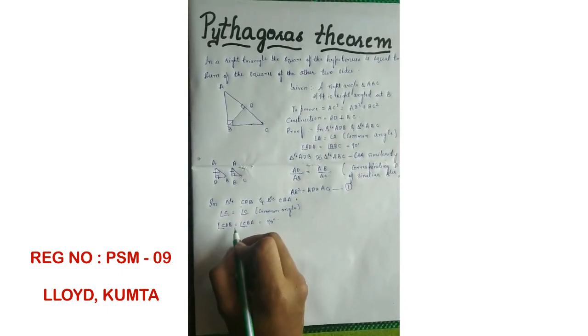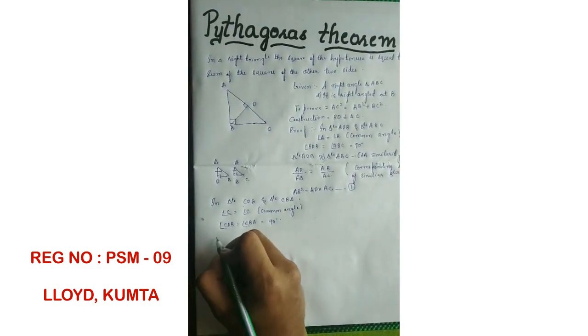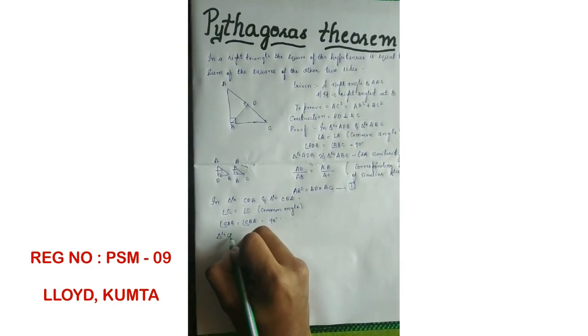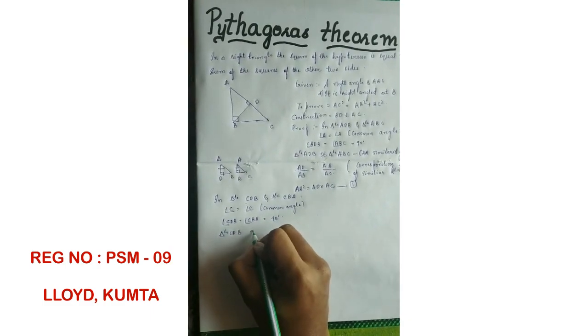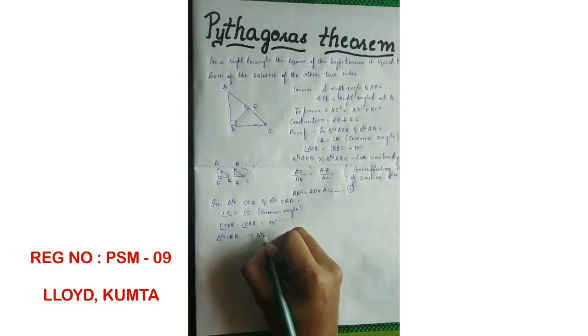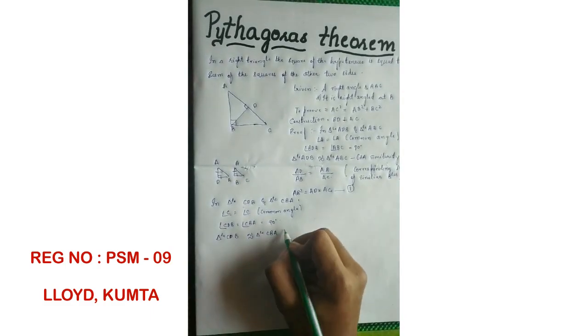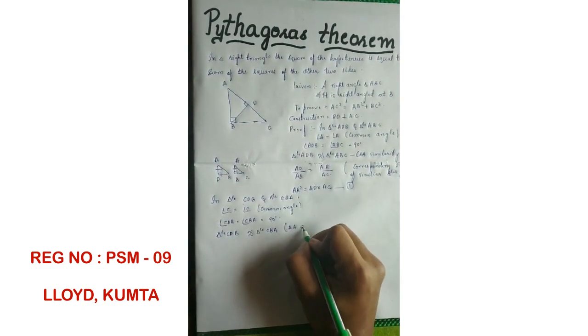So by these two properties again we can say that triangle CDB is similar to triangle CBA, by angle-angle similarity.